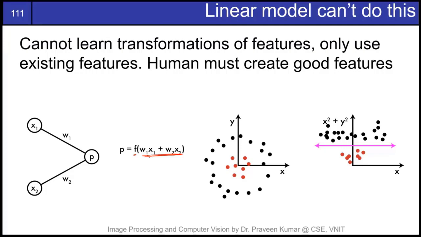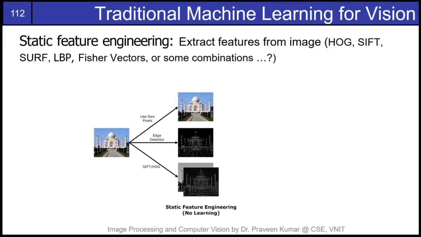This simple summation of wx cannot transform non-linearly separable features into linearly separable features. So that was the bottleneck in the traditional machine learning methods used for vision.